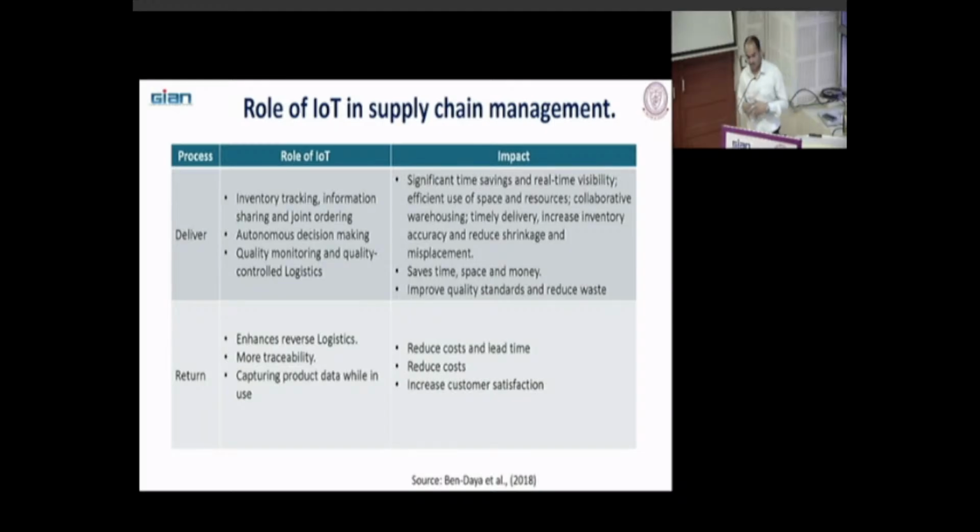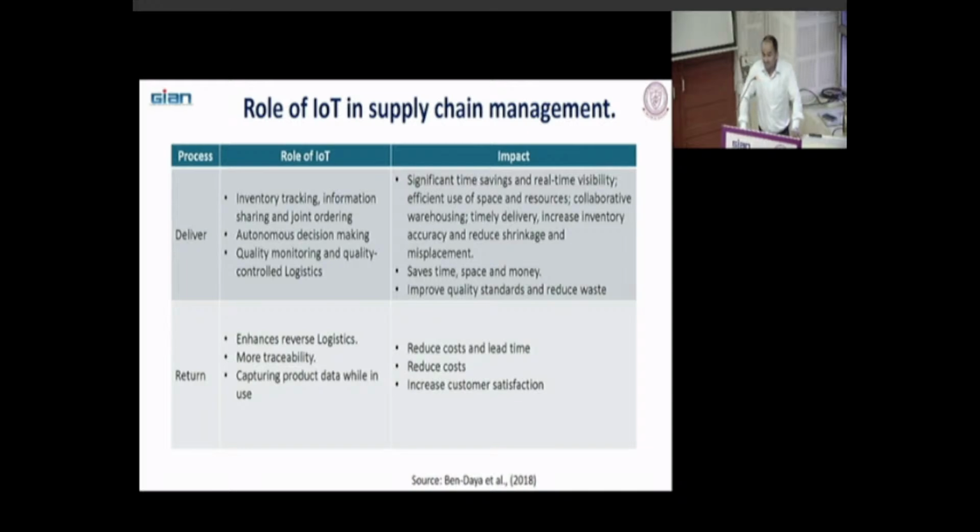They are trying to use IoT devices, Internet of Things devices, to track the location of those reusable containers in their whole network, so that they can optimize their network. That's one example of how we can use IoT devices to track products or other things in the supply chain.